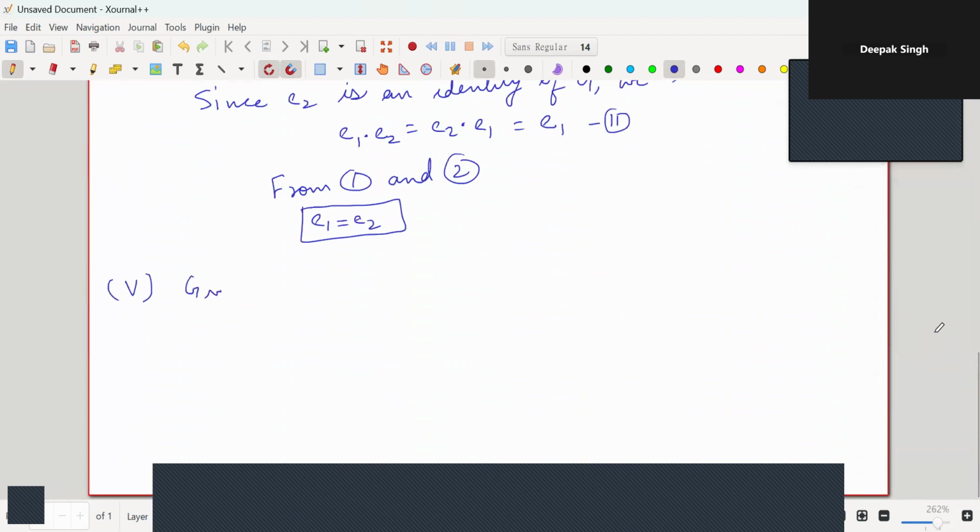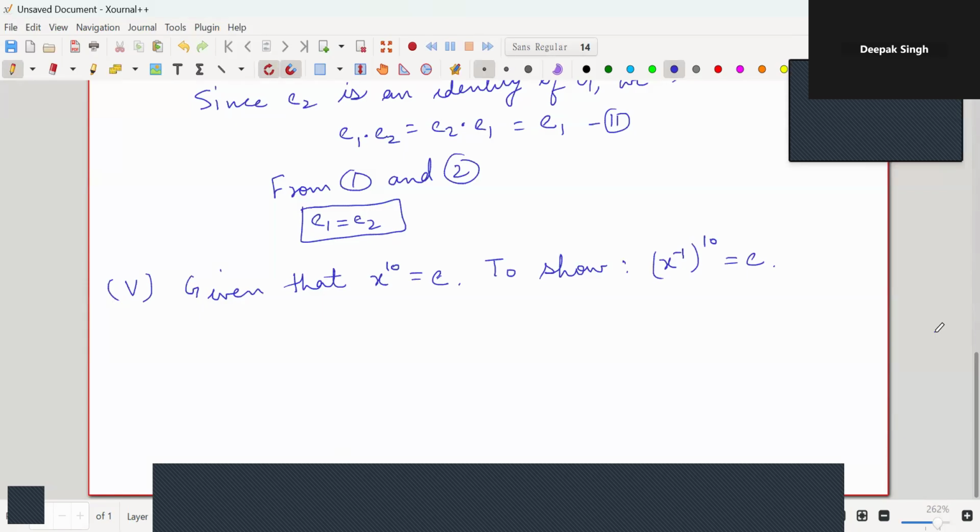So we are given that X raised to 10 is identity, and we are supposed to show X inverse also satisfies this property.